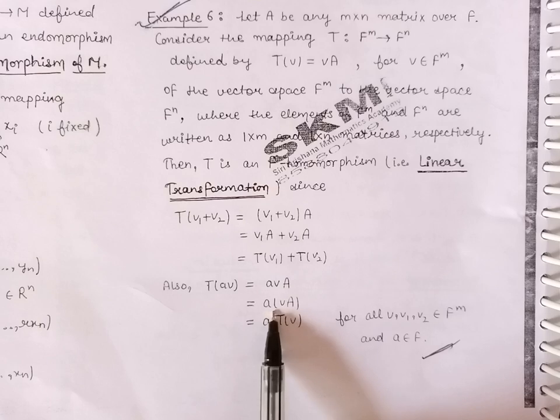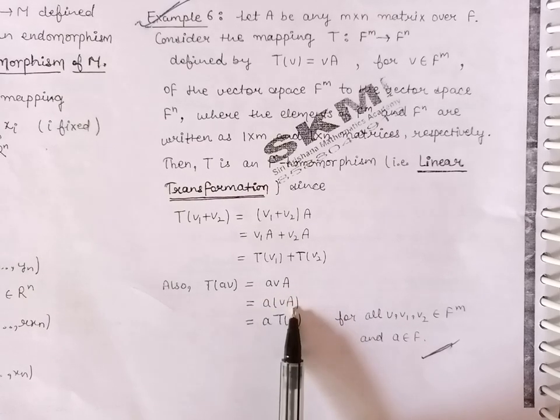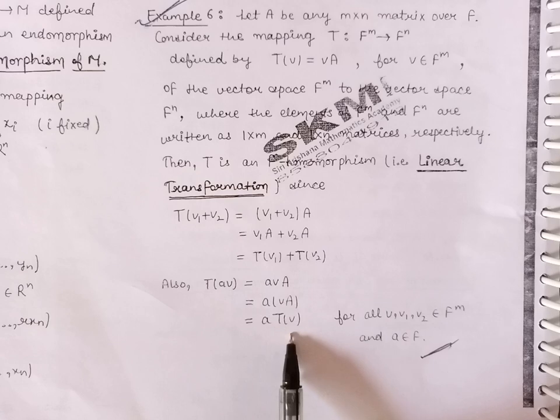Now this can be written as a into VA, that is a times the image of V under T. So we have proved the image of aV is equal to a times the image of V. So both conditions for being a homomorphism are satisfied. So these were some of the examples related to homomorphisms. So these are homomorphisms of modules.